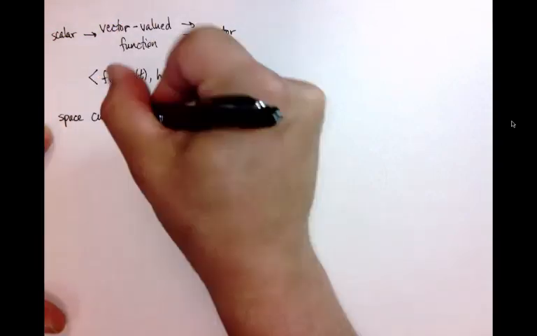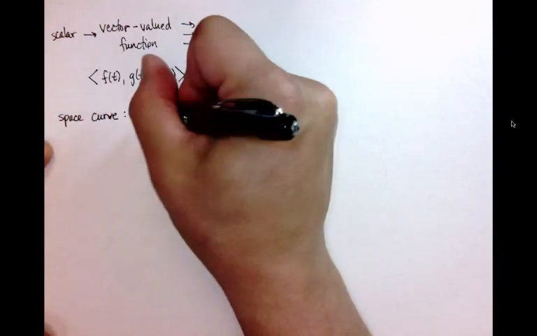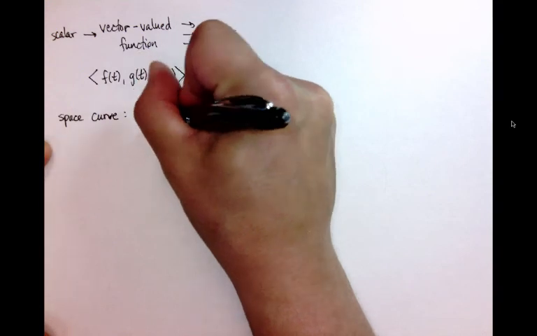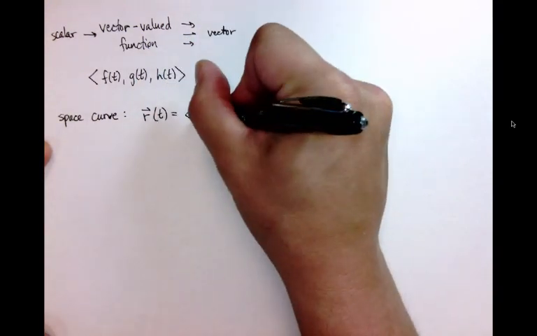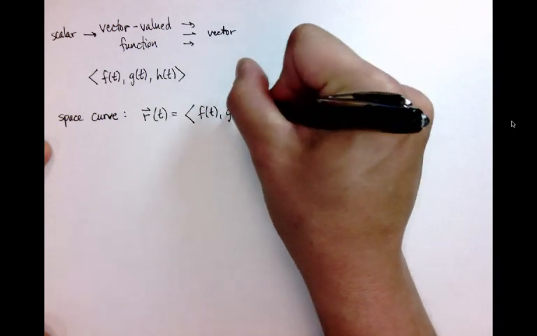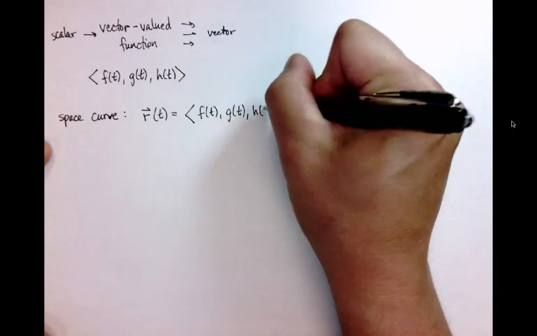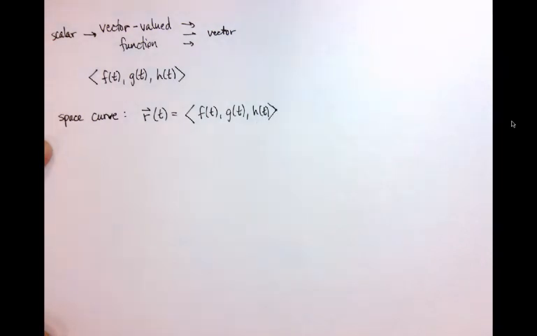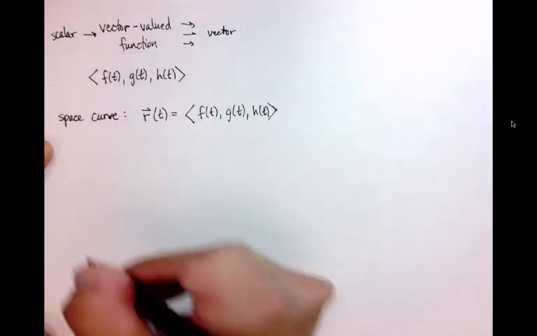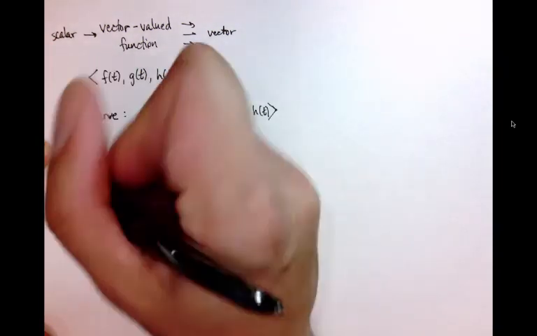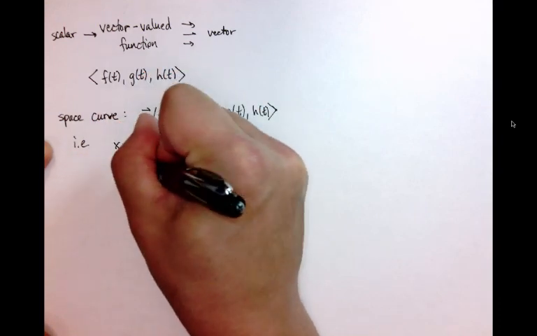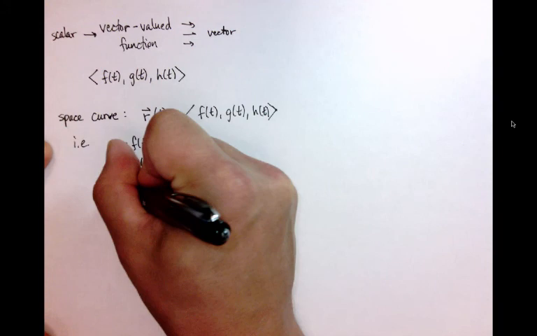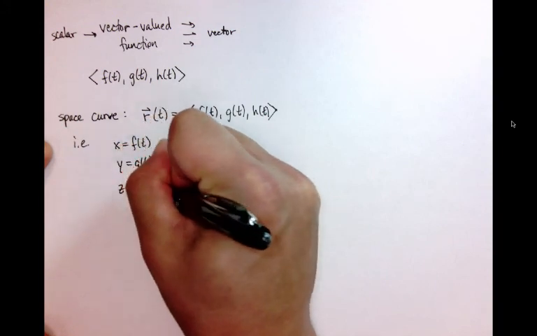Okay, and what we're talking about here is the situation where the position vector, r, varies with t, and it's equal to that vector-valued function. So that's the compact way of writing it, but what we really mean here is that x is f of t, y is g of t, and z is h of t together.